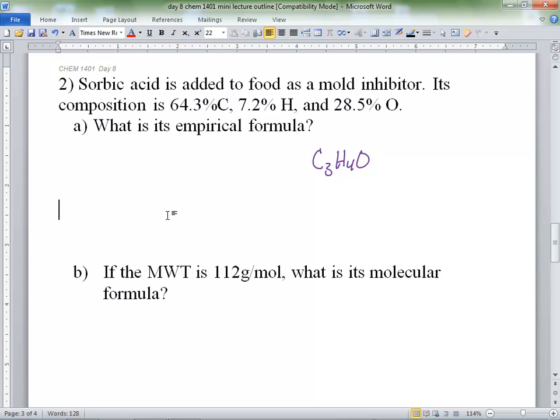And then they said the molecular weight's 112. So if the molecular weight's 112, what's the molecular formula?